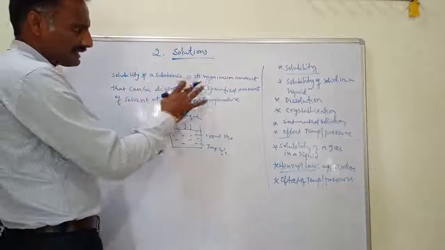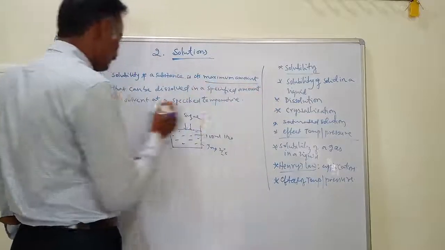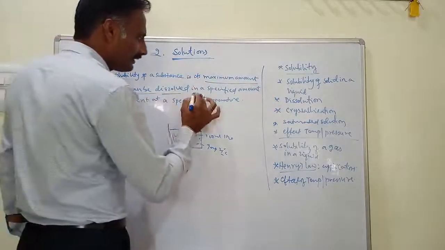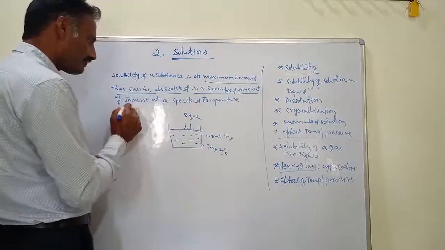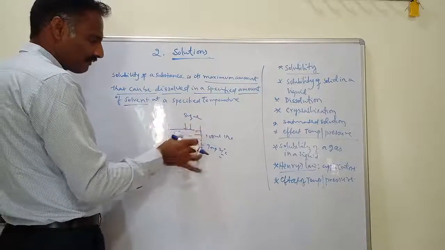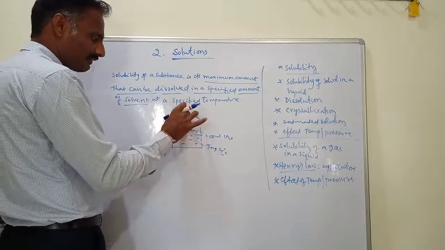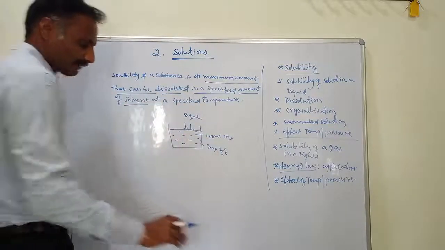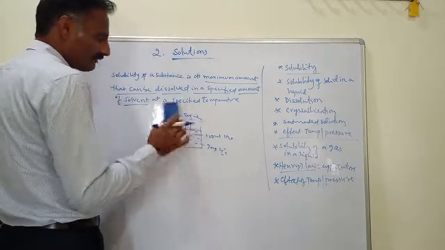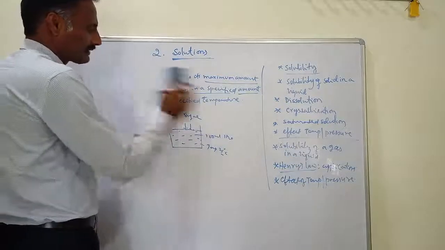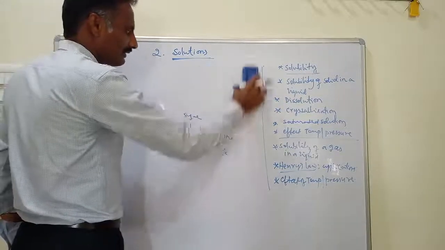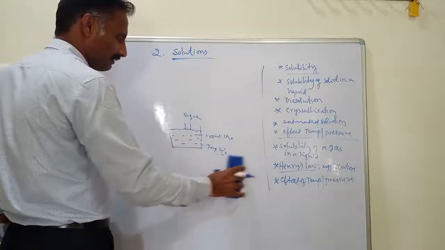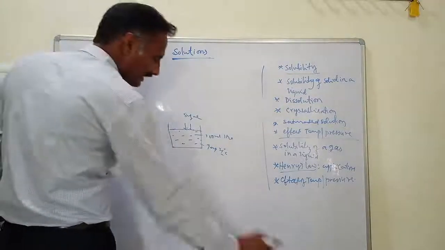Solubility of a substance is its maximum amount that can be dissolved in a specified amount of solvent. In a specific amount of solvent, how much solute can be dissolved at a particular temperature is called solubility. The solubility of a substance in a liquid depends upon the nature of solute.